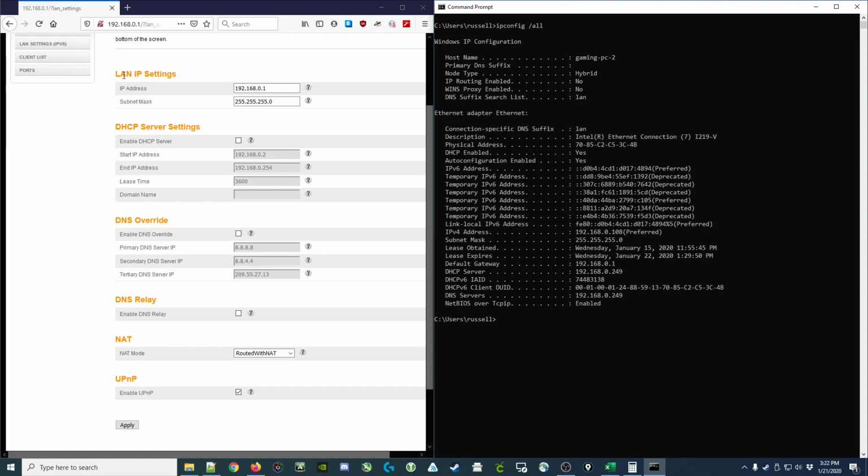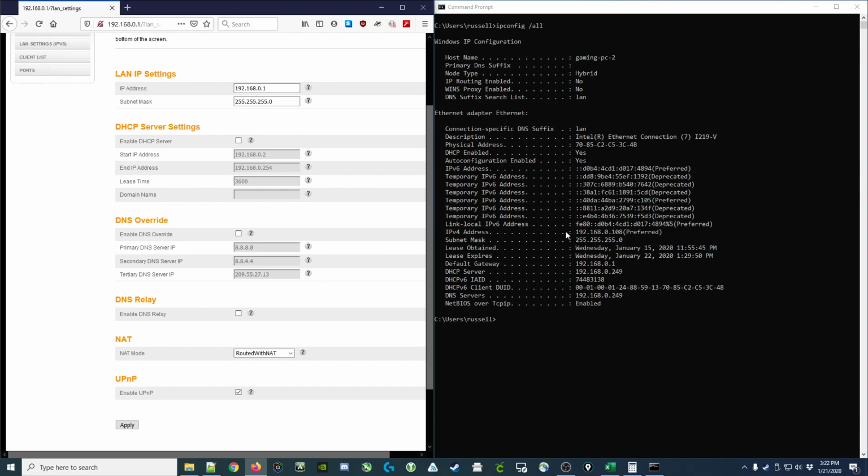In other words, my local area network settings are limited to just the addresses with the same first 24 bits, meaning we can have up to 255 IP addresses, mathematically speaking.